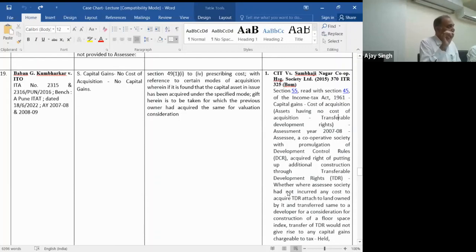So this was the observation in the revenue records. The revenue records never spelled out that this was a case of a sale or purchase. The revenue records never mentioned that it was a case of a gift.